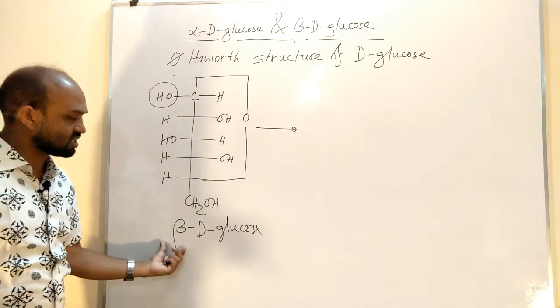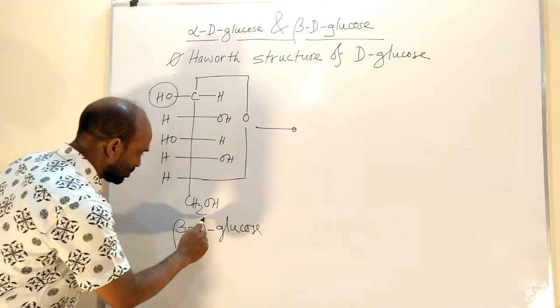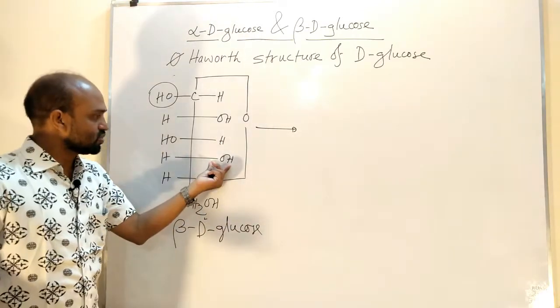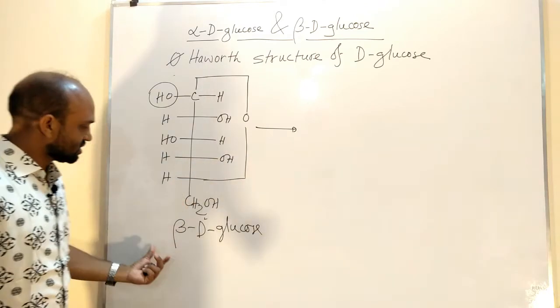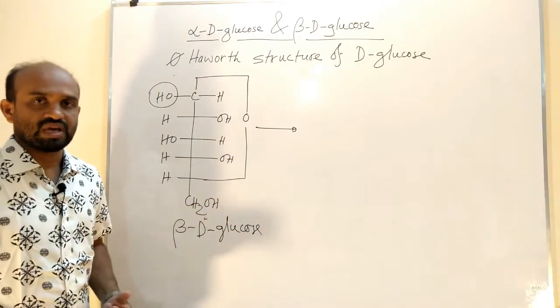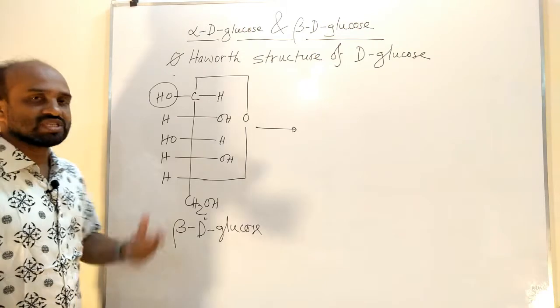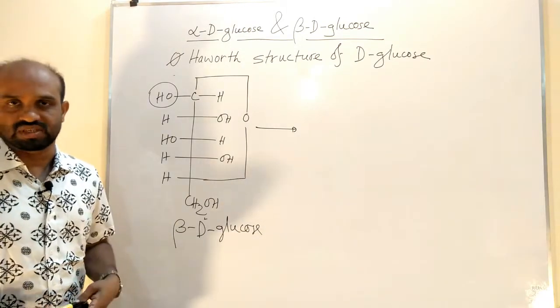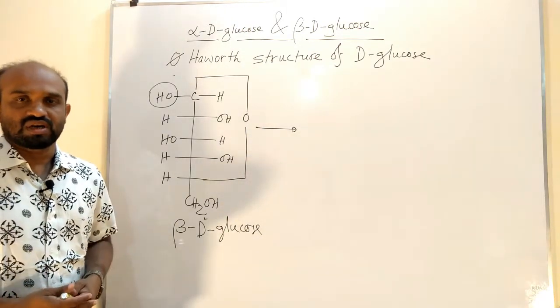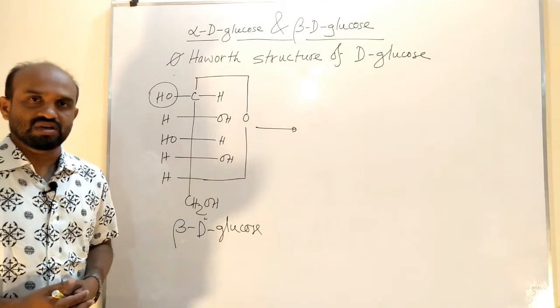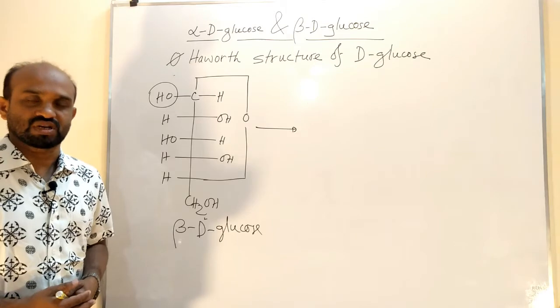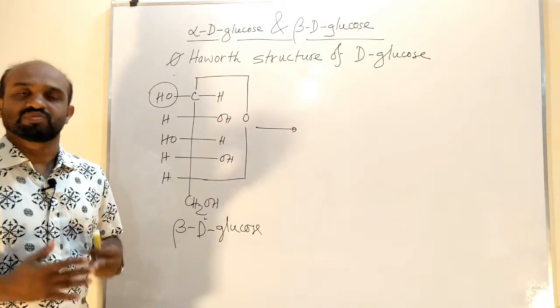That's why it is indicated by beta. And D, we know, refers to the hydroxyl group at the distant chiral center. So it is beta D glucose. And we know the limitation of this structure, and that's why the Haworth structure is determined. Now let's write the Haworth structure of beta D glucose, hexagonal beta D glucose.